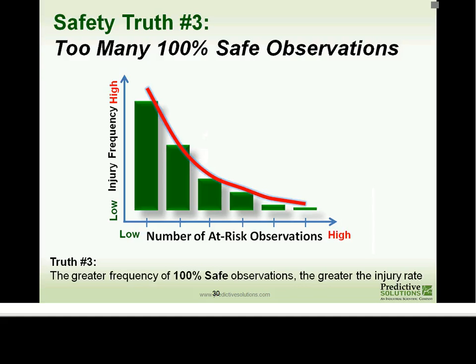Not a way to go out and hammer people or game the system, but if you are a safety professional looking at this observer index for this one person, and I start looking at 100% safe observations, and they're in the 93rd percentile, and I also see that they participate a lot, and they have a lot of safe, but hardly any at-risk observations, and if they do see something risky, it's not very severe, so maybe not wearing safety glasses or earplugs.